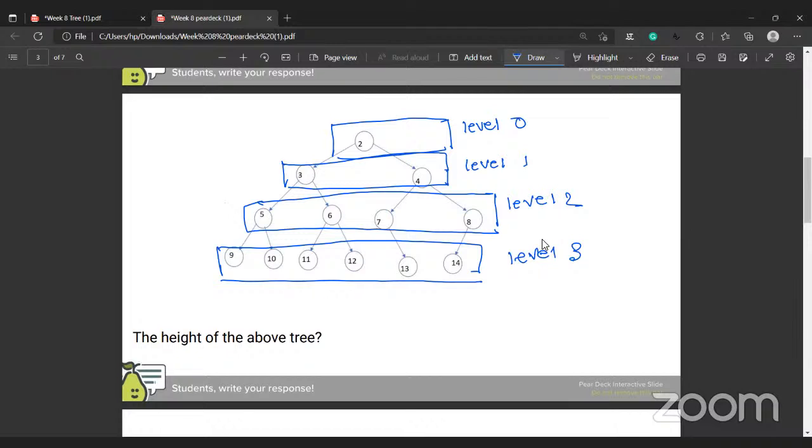So the height of the tree is 3. The maximum level in a tree is called the height of the tree. So the maximum level is 3.